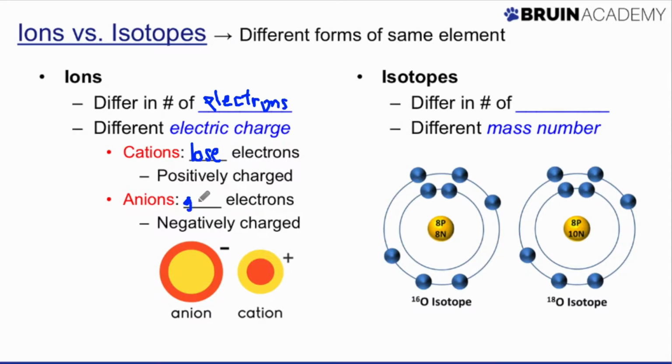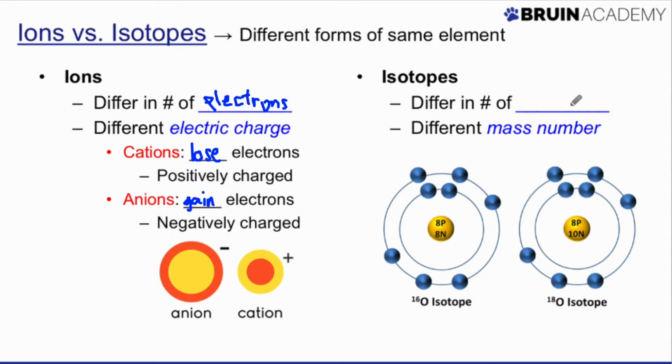And because they have additional negatively charged particles, which are electrons, they are negatively charged overall, okay? This is kind of intuitive, but an anion, which gains electrons, is bigger than a cation of the same element. When you're comparing similar elements, an anion is always bigger than a cation, which makes sense. Okay, so that's an ion.